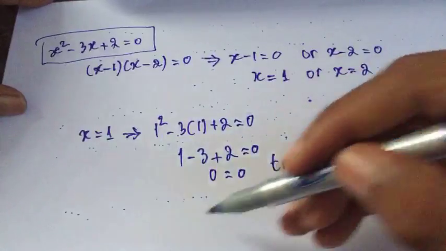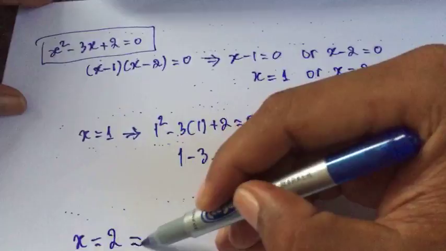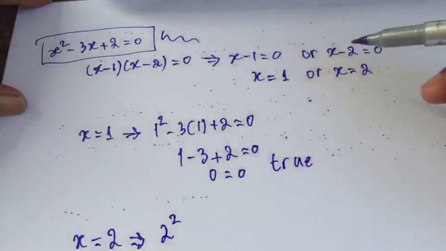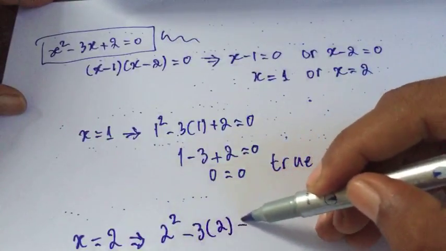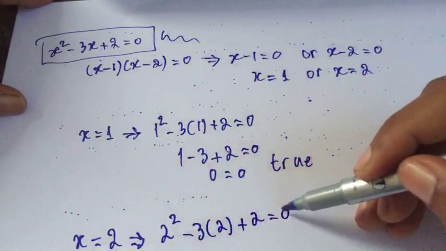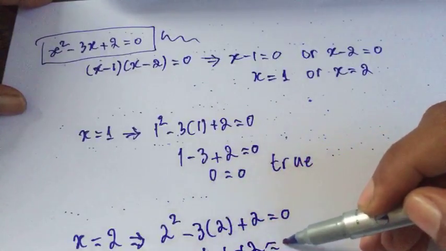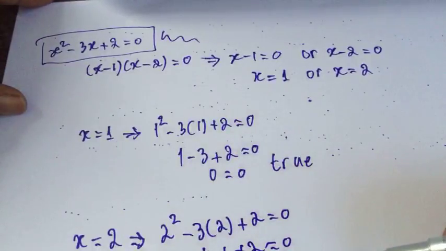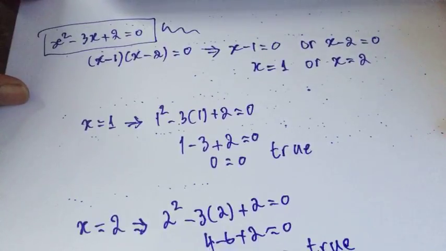And then x equal to 2: 2 squared minus 3 times 2 plus 2 equal to 0, and then 4 minus 6 plus 2 equal to 0, and 0 equal to 0, true. So all the roots satisfy the equation and make it true.